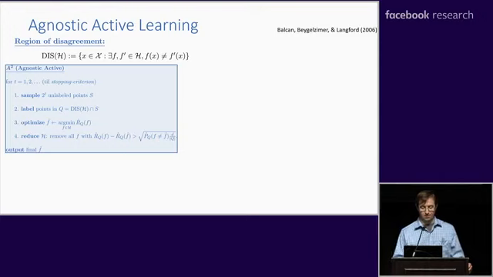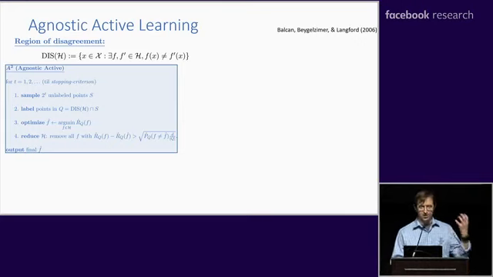Okay, it's a very simple notion. It's a region of the instance space. And with that definition, we have here the classic disagreement-based active learning algorithm, the A squared or agnostic active algorithm from Balcan, Beygelzimer, and Langford.